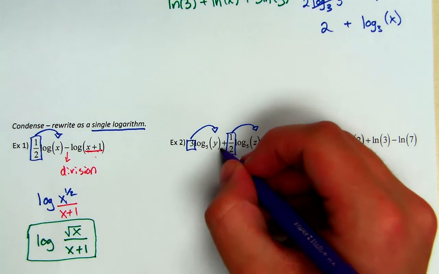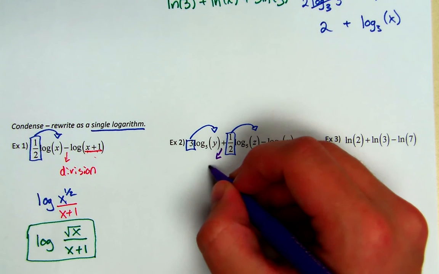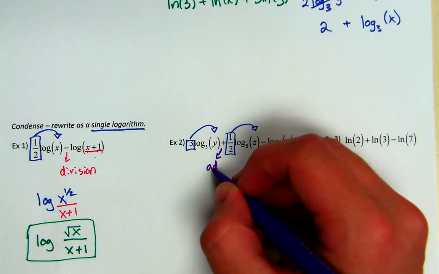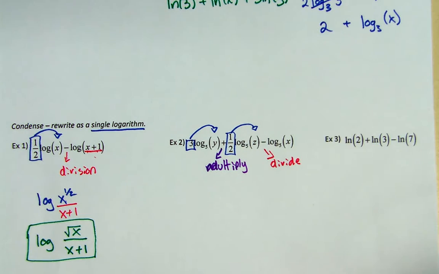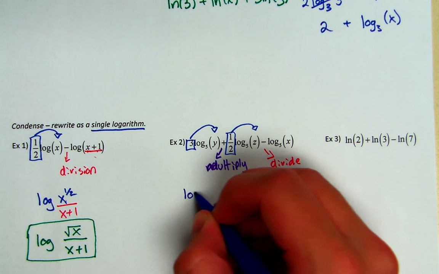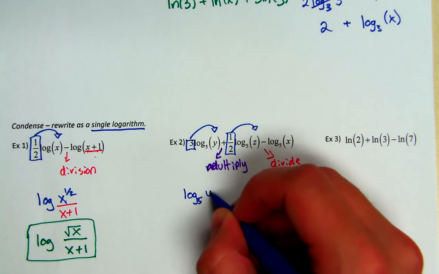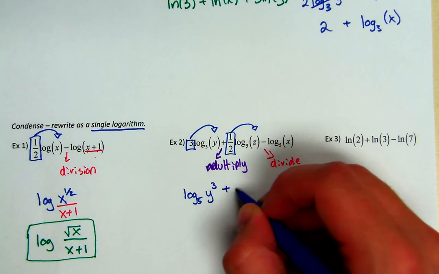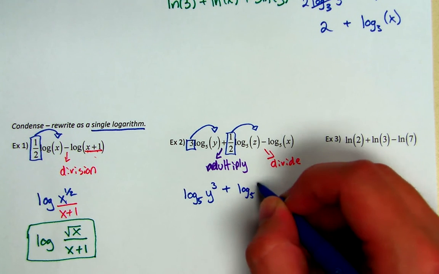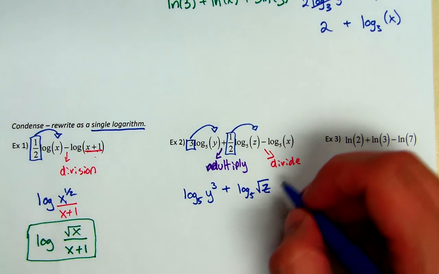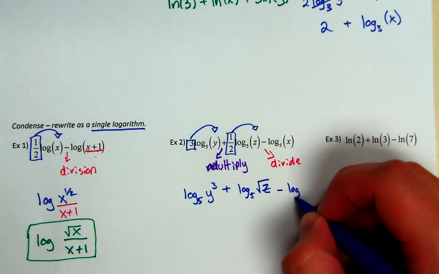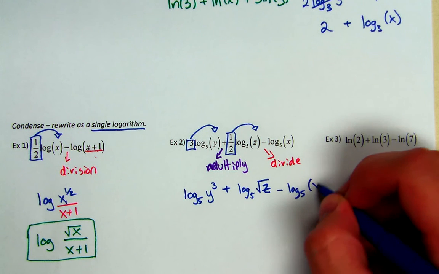And the addition, which I kind of hid in here, tells me I need to multiply. So let's first rewrite this with the powers up. So log base 5 of y cubed plus log base 5 of, I'm going to put square root z, and minus log base 5 of x. No power there.